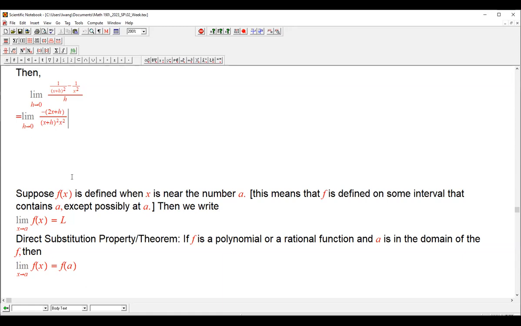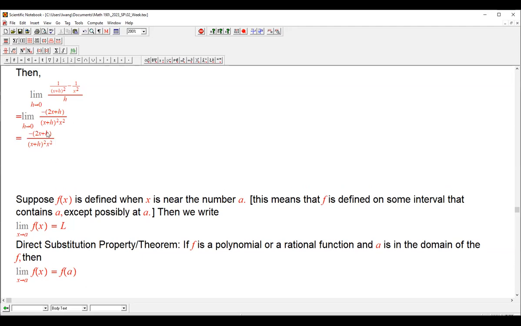Is 0 in the domain? Yes. Now if I put h equal to 0, it will be fine. We wouldn't have a 0 denominator. Therefore, we can apply the direct substitution property and replace h by 0.